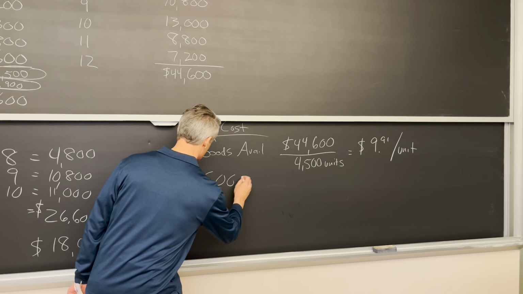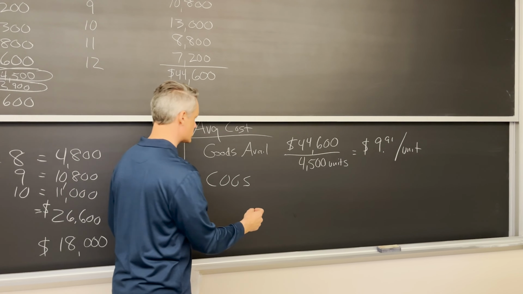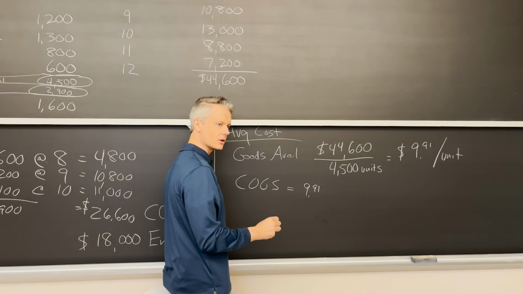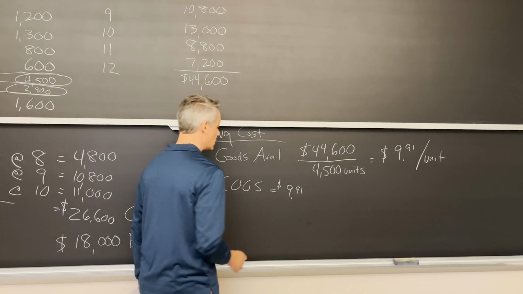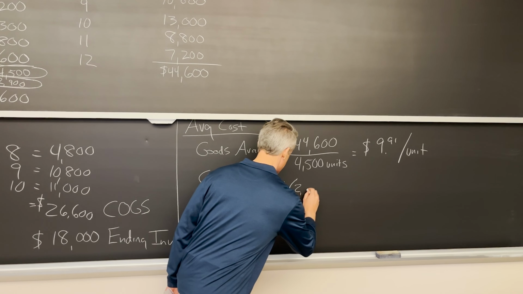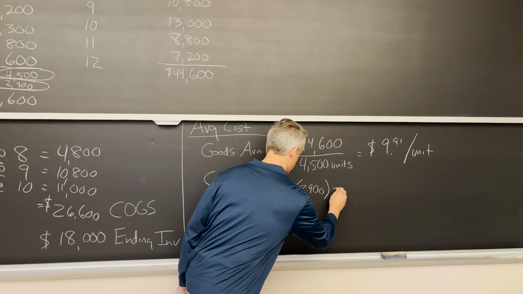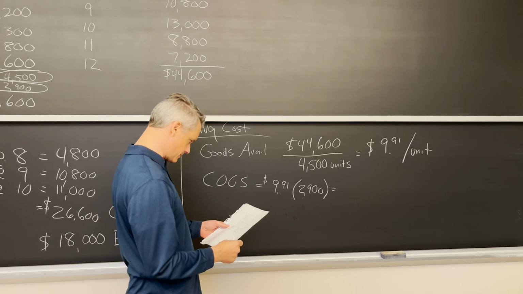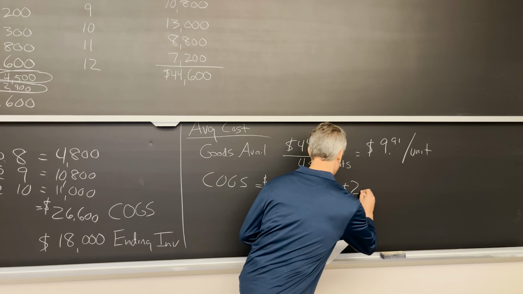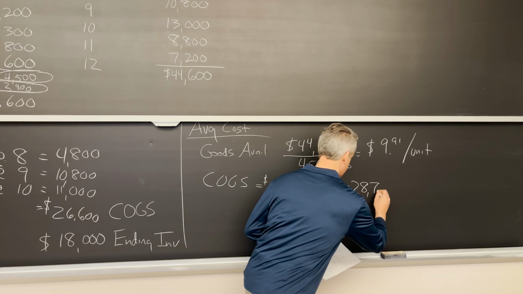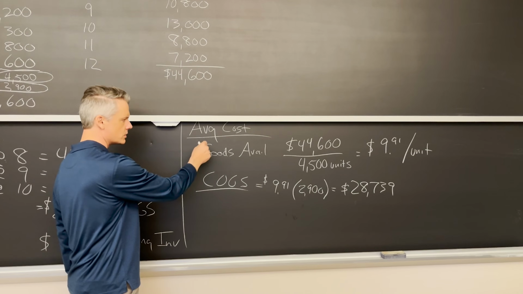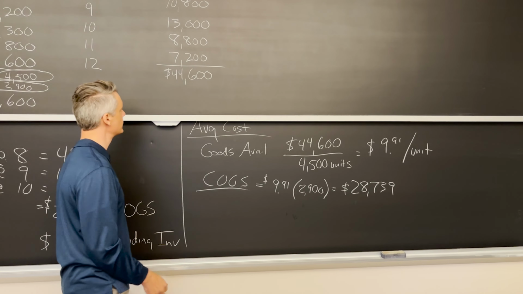Cost of goods sold under average cost. Well, we've got, and this is rounded, okay? $9.91 per unit. We sold 2,900 units. So this comes to $28,739 for cost of goods sold under average cost method.